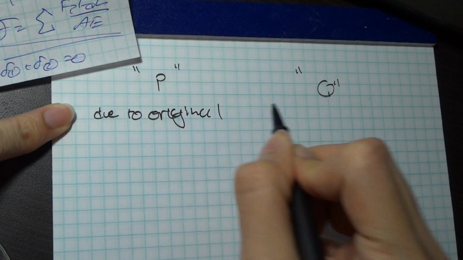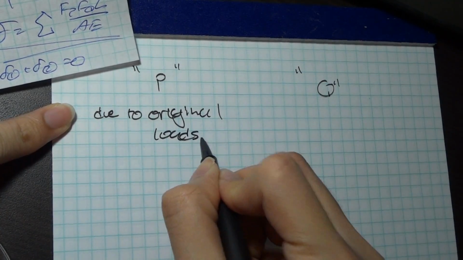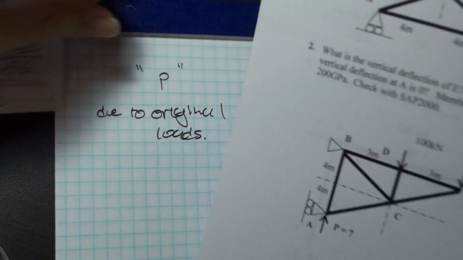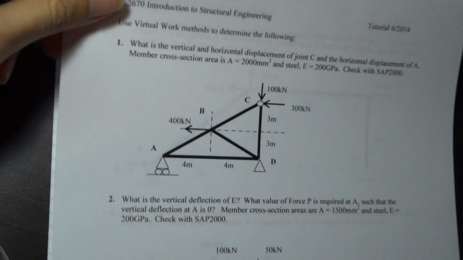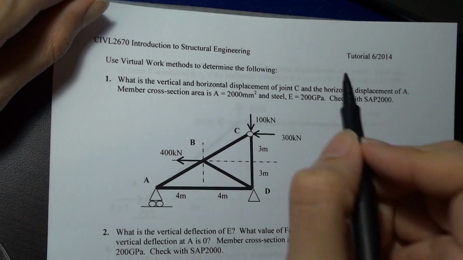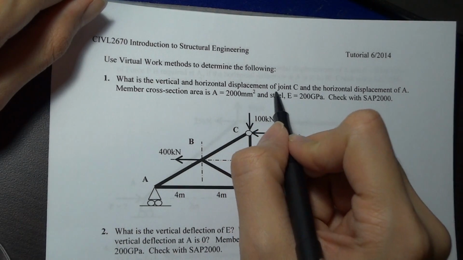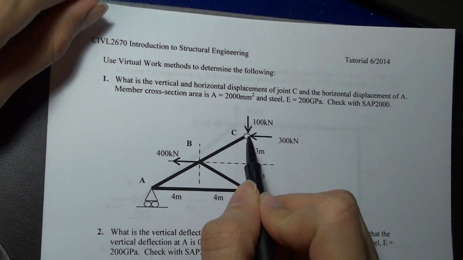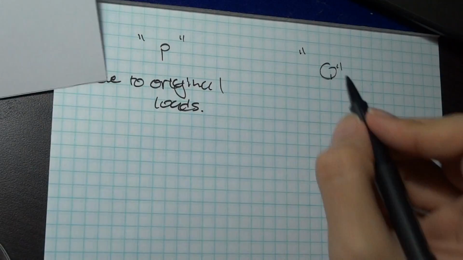My Q system, on the other hand, is based on a unit load. It is the forces due to a unit load, or a virtual load, and I apply that at the point I'm interested in. Say, for example, in this case, I'm interested in the horizontal displacement of joint C. I would apply a unit load at joint C. And what do I mean by unit load?